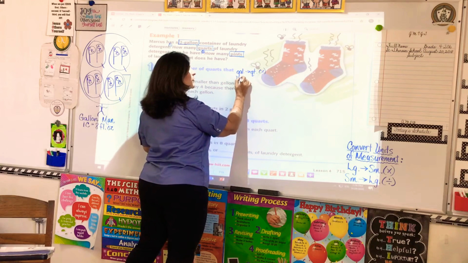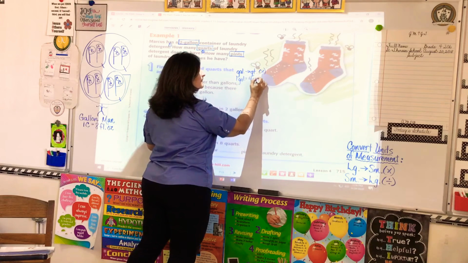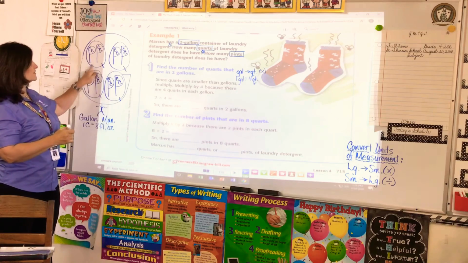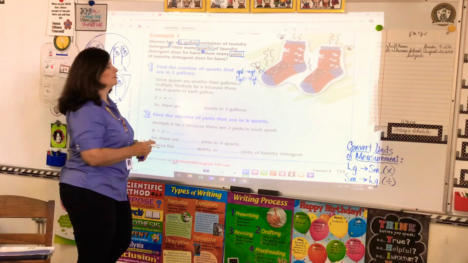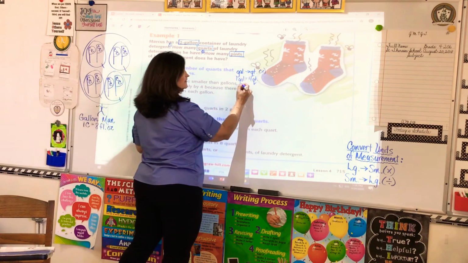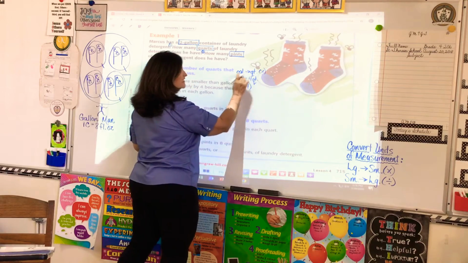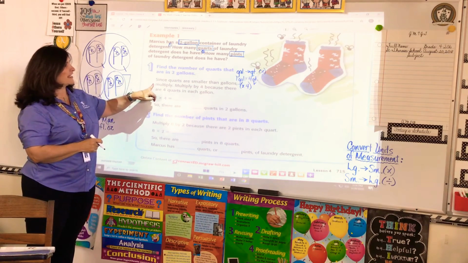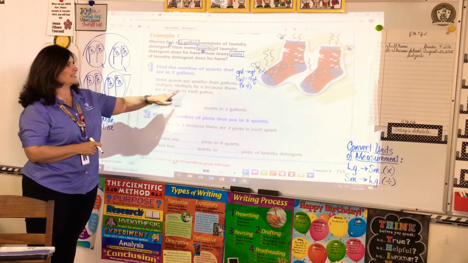We know that 1 gallon equals 4 quarts. But we don't have 1 gallon, we have 2. So every time we have a gallon, we're going to multiply it by 4. Since quarts are smaller than gallons, multiply by 4 because there are 4 quarts in each gallon.